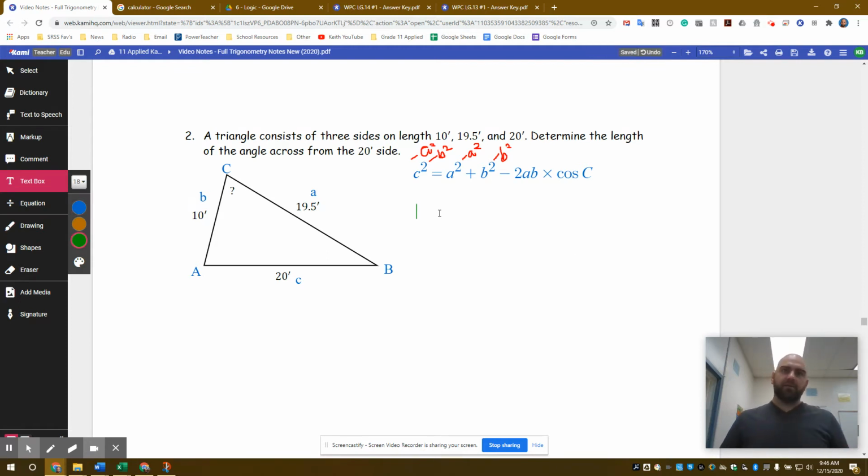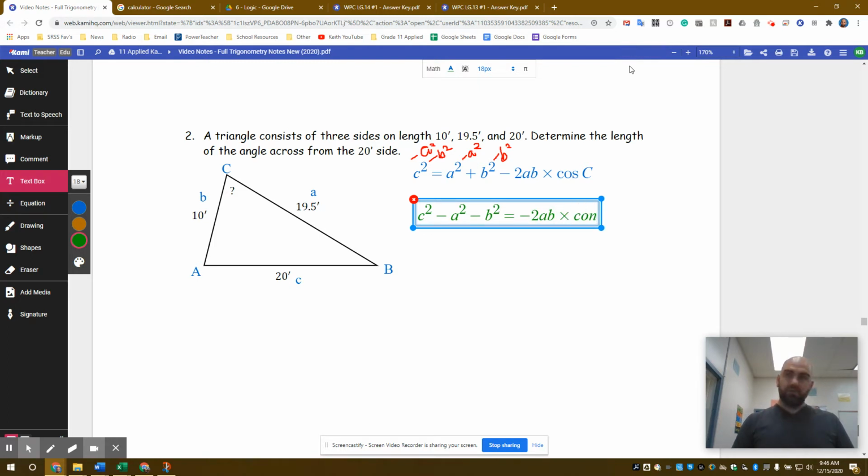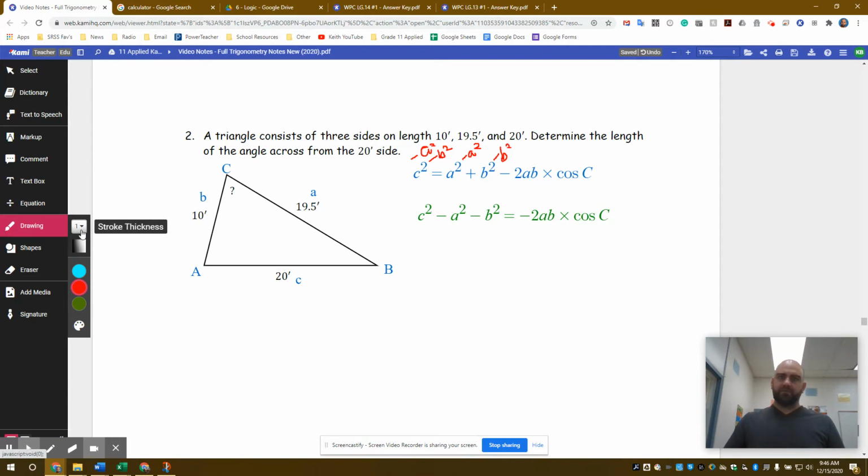But now that I have that, and so again, this is just manipulating our formula to be able to solve here. I'm going to have c squared minus a squared minus b squared is equal to, and now here's a very important thing, negative 2ab times cos of c. So we're left with this negative 2ab times cos of c.